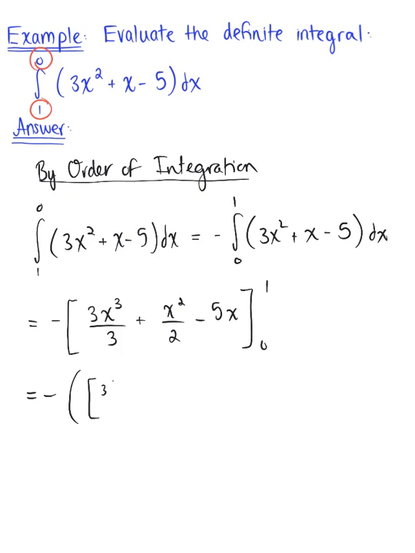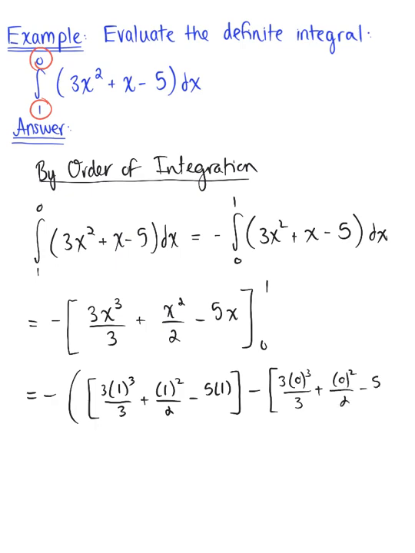So this will be 3 times 1 cubed all over 3 plus 1 squared all over 2 minus 5 times 1. And we're subtracting the evaluation at the lower bound. So this is 3 times 0 cubed over 3 plus 0 squared over 2 minus 5 times 0.